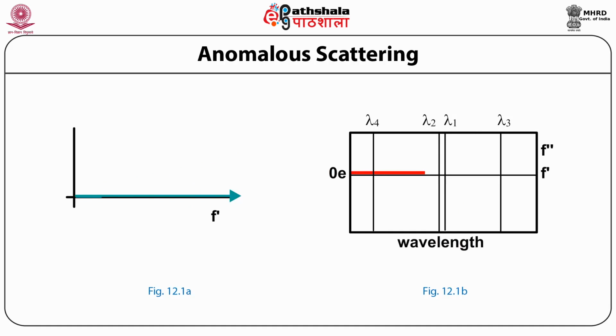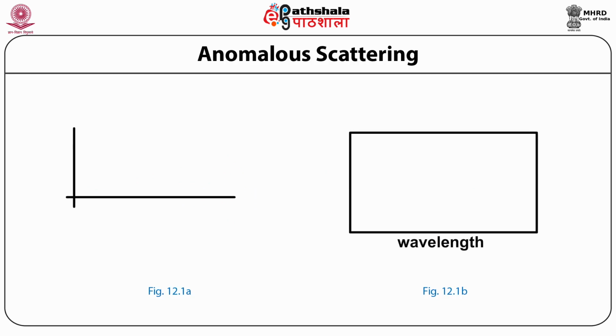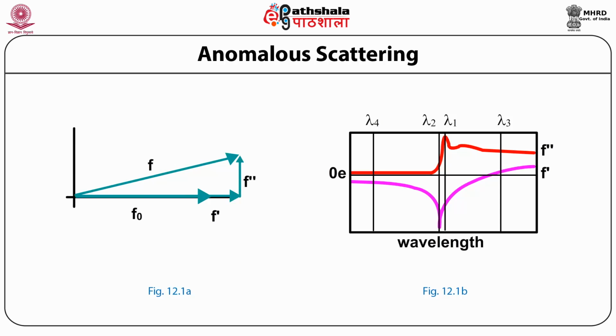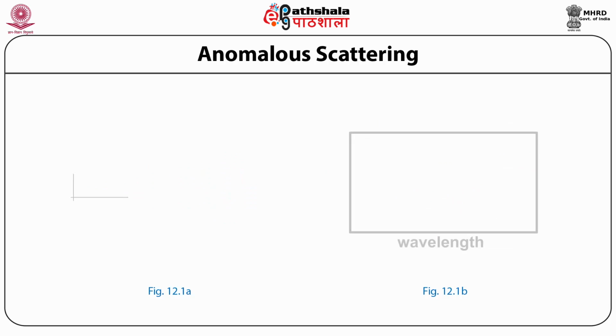At a particular wavelength near to lambda 1 or lambda 1 itself, we have a maximum or pronounced value for f double prime. We say that at this wavelength lambda 1, hundreds of reflections will differ in the intensities between HKL and H bar, K bar, L bar. Let us again look into this in detail in the next projection.